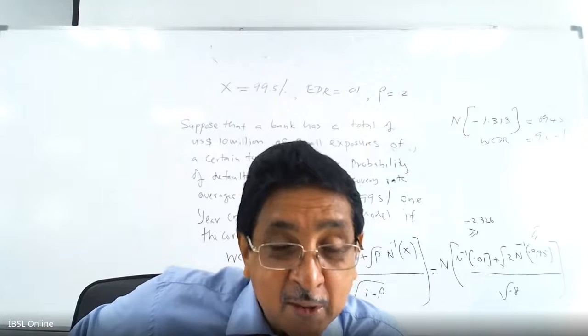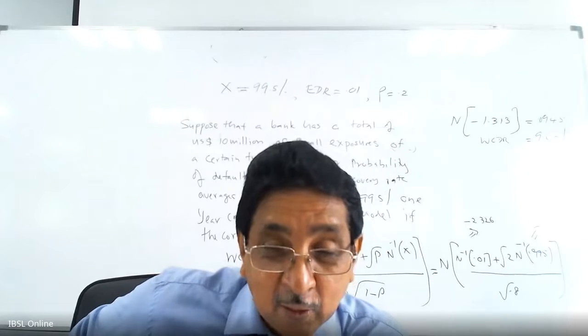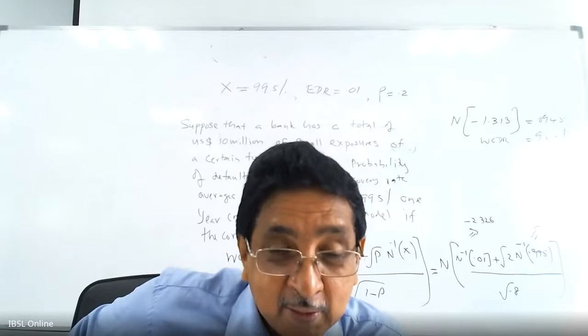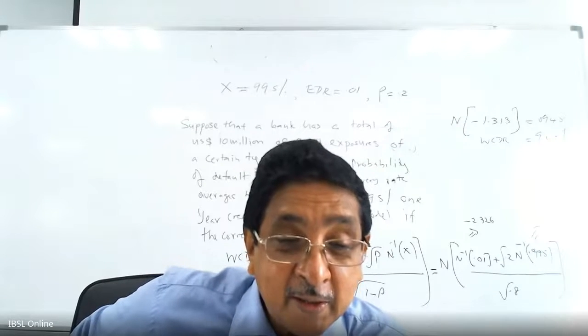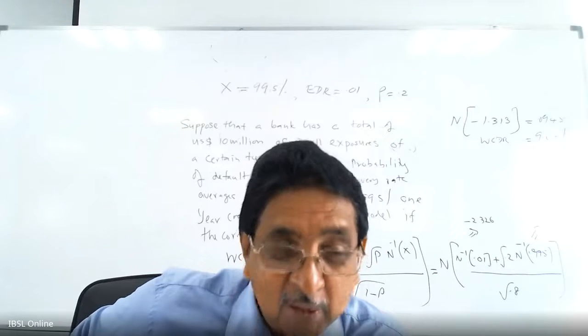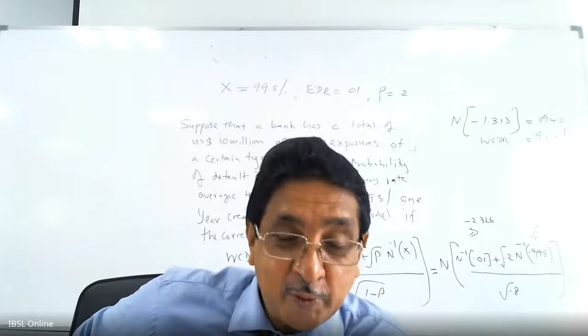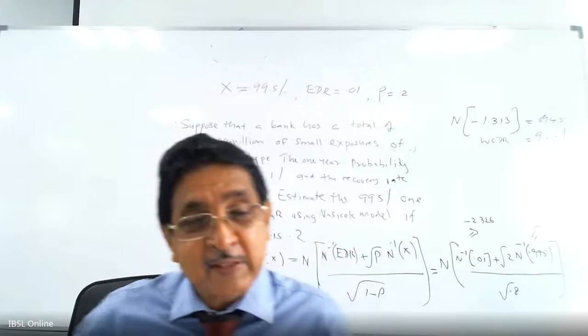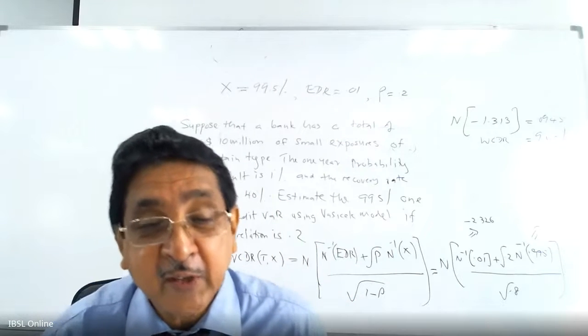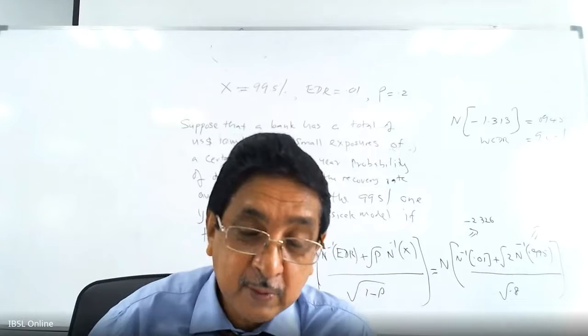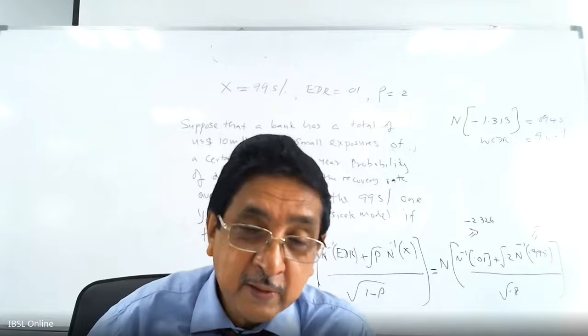Because you are 99.5% confident your loss would not go beyond $567,000 for this portfolio. So that's the type of a stress quantification. So that is, I think, fair enough.